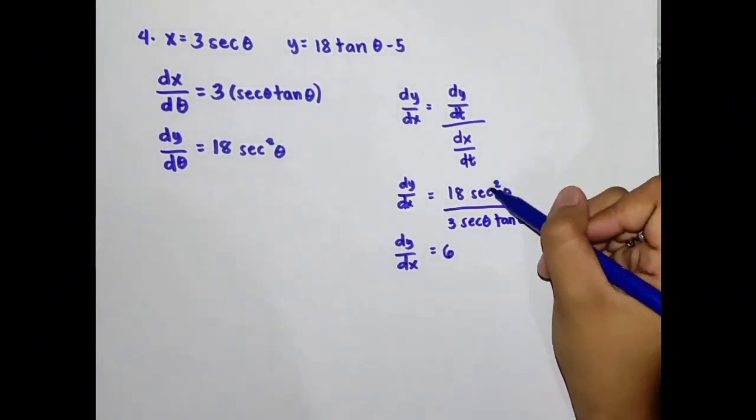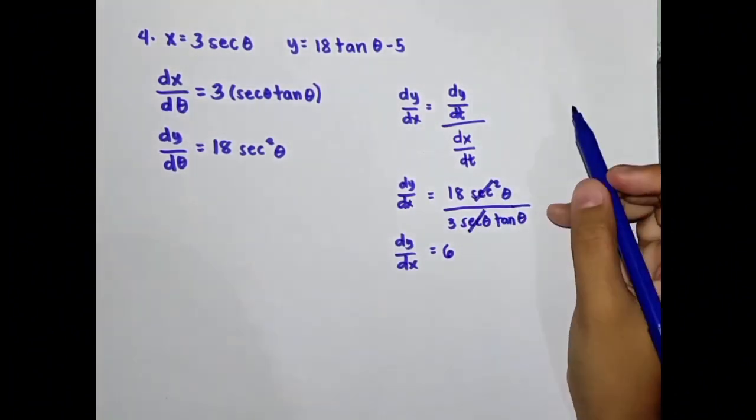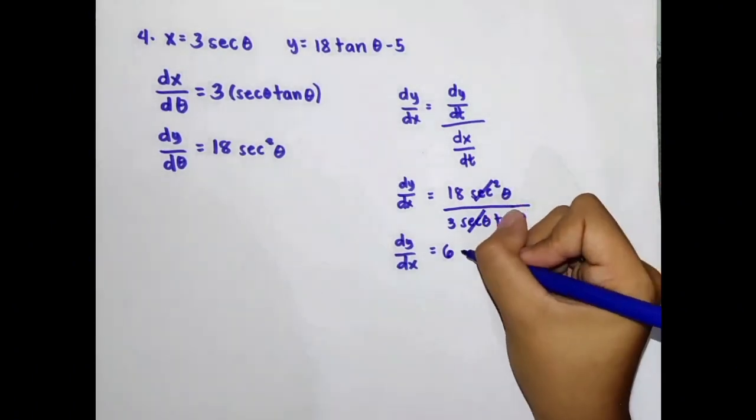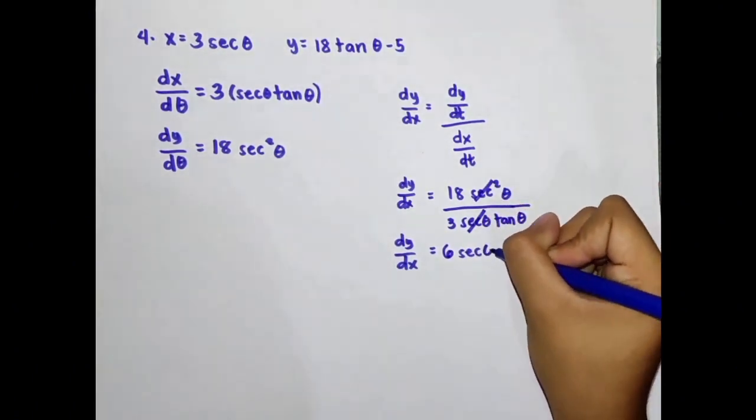Cancel secant squared and secant theta, remaining secant theta over tan theta.